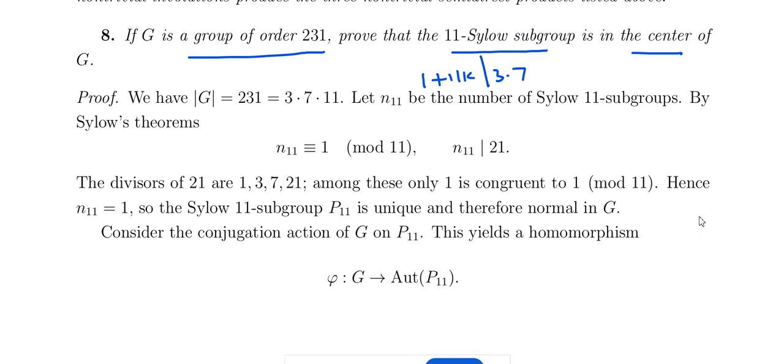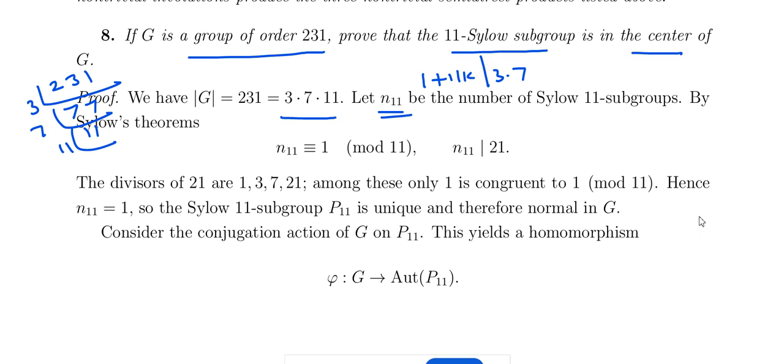K equal to 1, no, 12 doesn't divide 21. Let me check 231: when you divide by 3, 7 3s are 21, that is 7 into 11. So 3 into 7 into 11, that is n11.